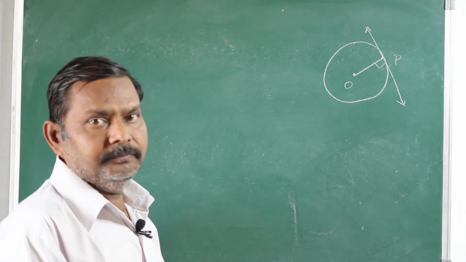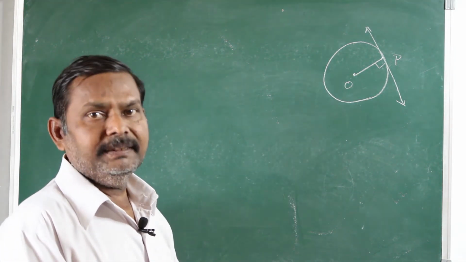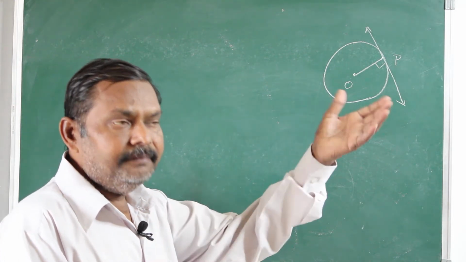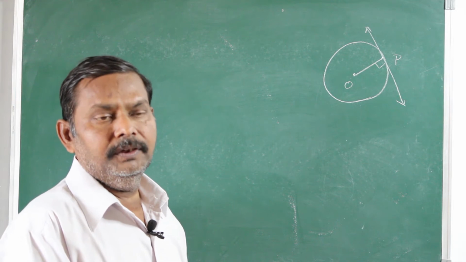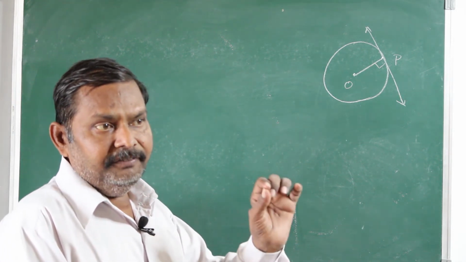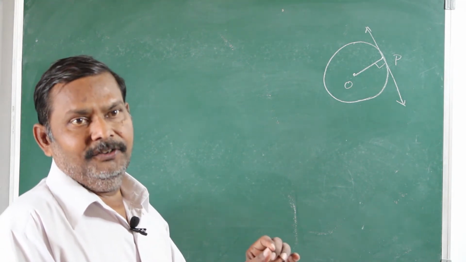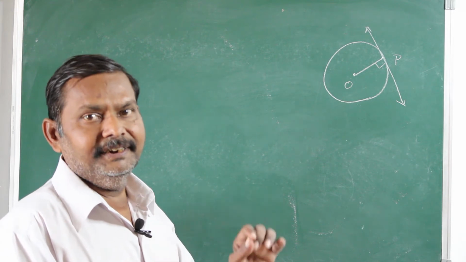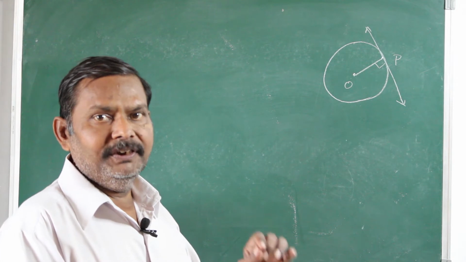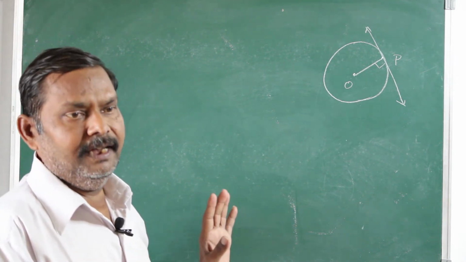This is the theorem, and the proof and verifications of this theorem you are going to get in your mathematics portion under the circles lesson. But that theorem is useful right now. Now what is the question asked by them? If a ray of light is incident on a concave mirror with an angle of incidence 30 degrees, what could be the angle between the reflected ray and the principal axis?